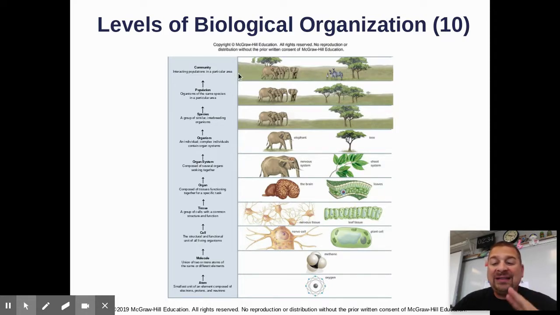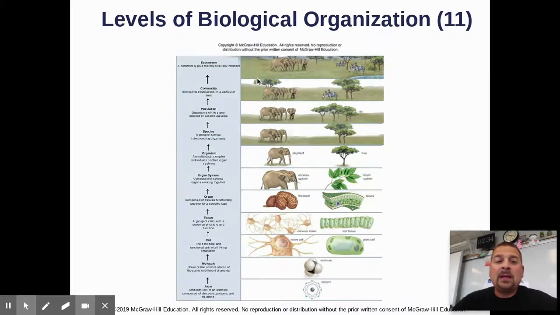It's still living stuff. You throw in the ecosystem, and that's now also the non-living stuff. So the living stuff, the communities, plus the physical non-living environment: the amount of water, amount of sunlight, soil, rock, type of earth that's there as well.